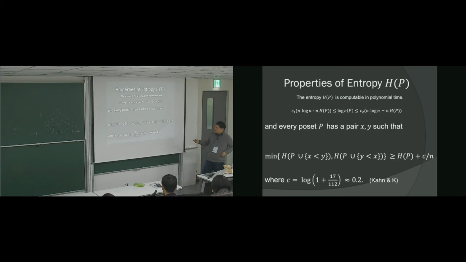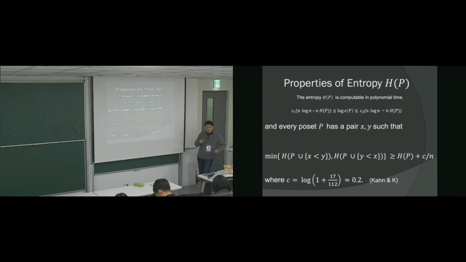This means when I choose the pair x and y, whatever the answer is, either this one or this one is the answer, definitely. Then we can increase the entropy, whatever the answer is, by c over n.